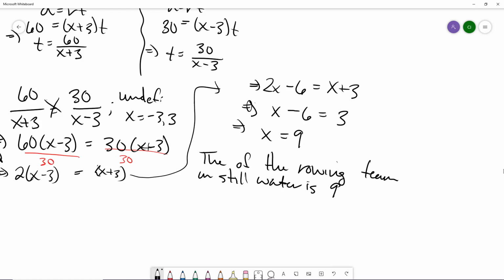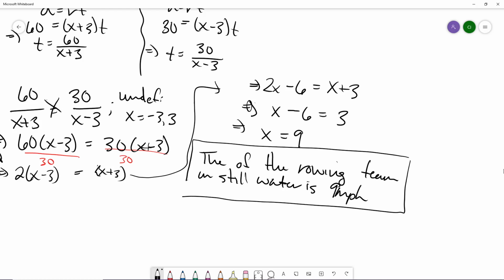So what is our labeling? It is 9 miles per hour. And this is how fast they're going without any assistance or hardship.